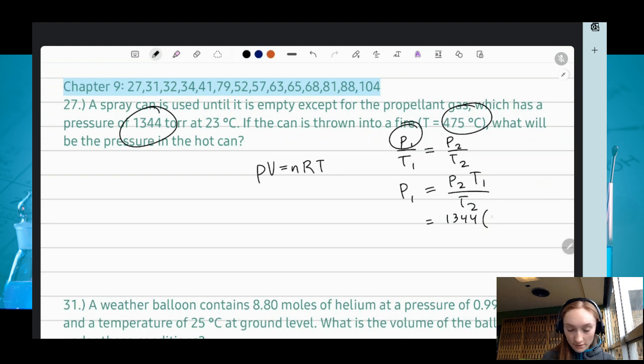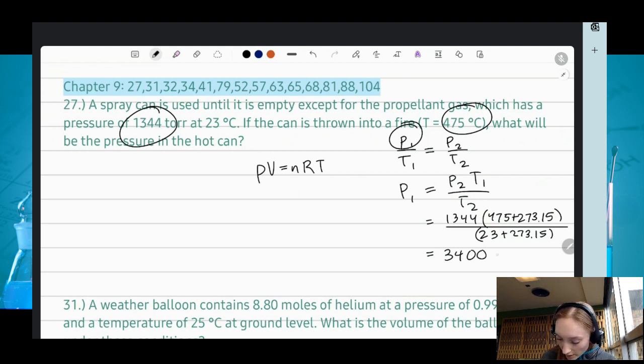That's going to be 475, but we add 273.15 to make it in Kelvin, and then divided by the initial temperature, which is 23 degrees Celsius plus 273.15 to get into Kelvin units. And then when we solve that out, it is going to be 3,400 torr pressure. So that is the answer for this one.